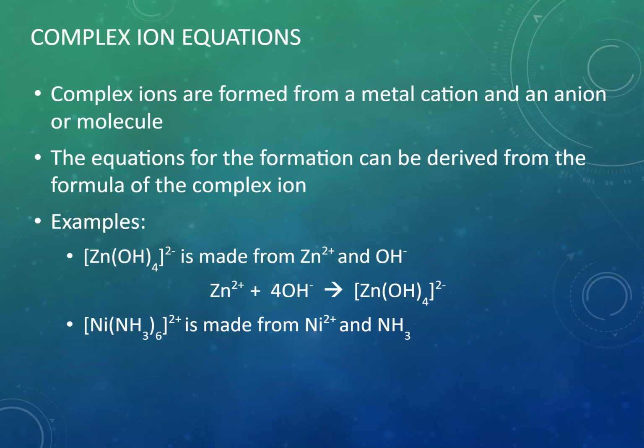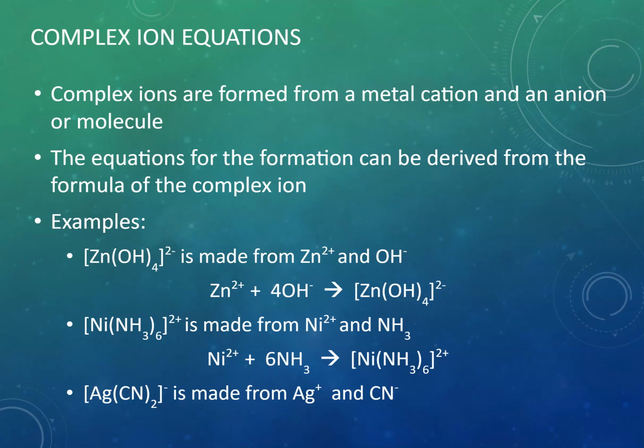Okay, here's another example. Nickel ammonia complex. It's made from nickel 2 plus ions and ammonia molecules. Ammonia is neutral. So you just go, okay, well, what have I got? I've got 1 nickel, I've got 6 ammonias. Let's bung them together. There's my formula. Next example, silver cyanide, right?